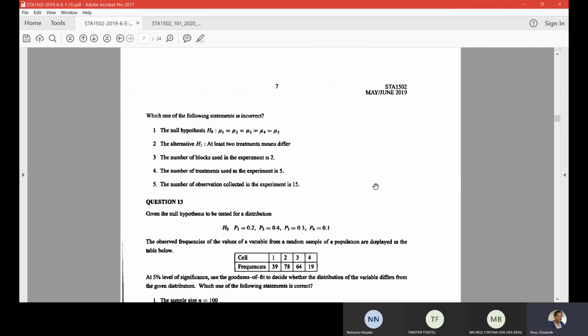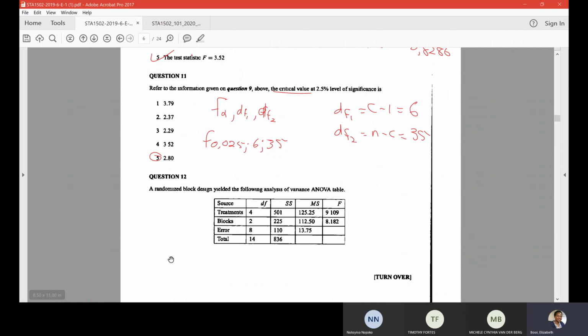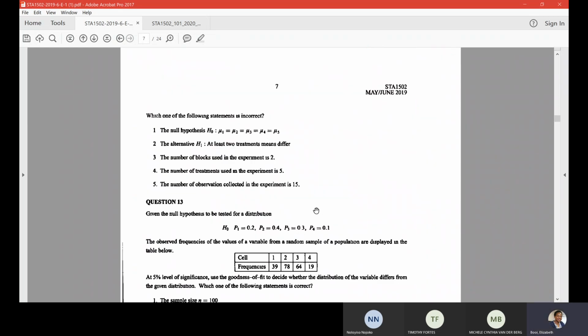Going to the next one. Using this table, already the table is calculated, everything completed, and this is the ANOVA randomized block design. So go to the question, and remember the null hypothesis will say all the means are the same.